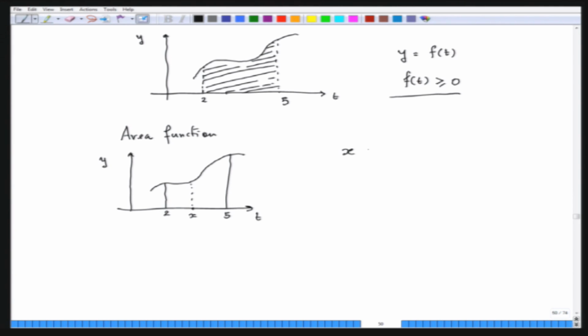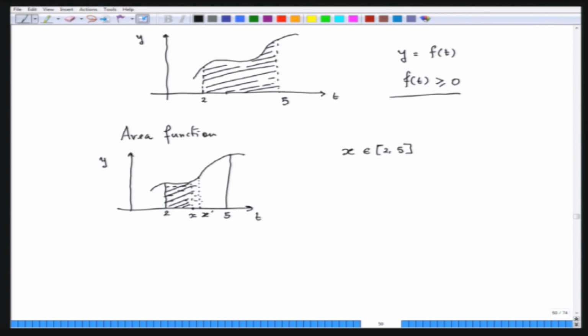Of course, you can consider 5 or 2, but for the moment consider an x which is neither 2 nor 5, and then let us look at the area from 2 to x. It is this. Now, if I slightly change my x, and bring it here, say x dash, then I have a different area.